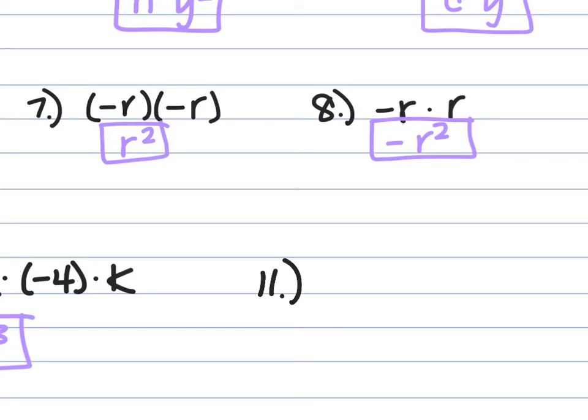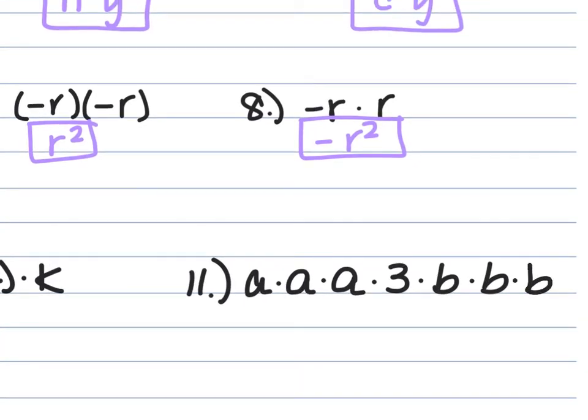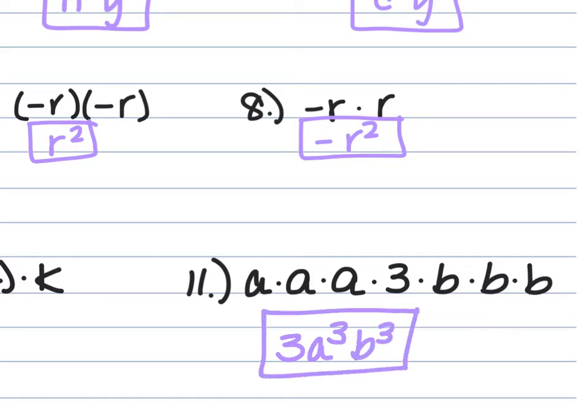For 11, we have a times a times a times 3 times b times b times b. So the 3 gets multiplied by nothing other than the 3 by itself. The a we have 3 of, so that's a cubed. B we have 3 of, so that's b cubed. So 3a cubed b cubed.